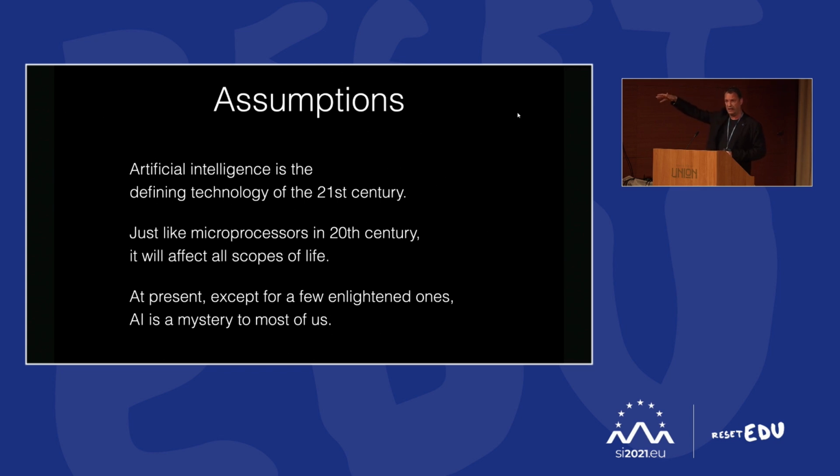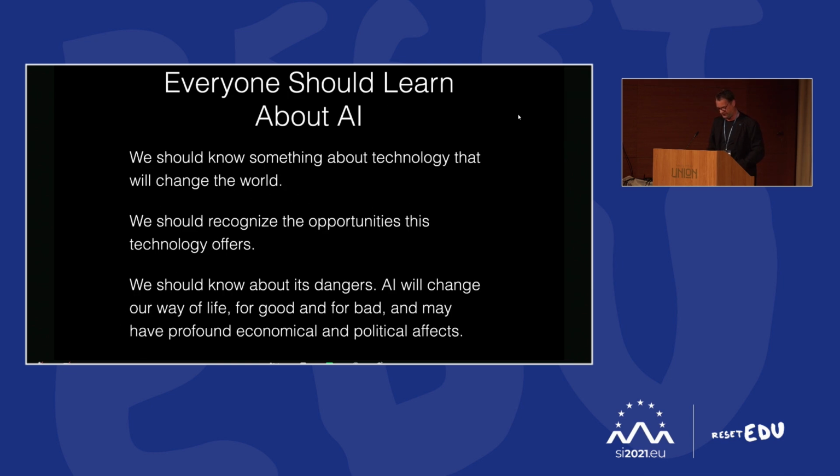You go out in Ljubljana, you stop people on the streets, you ask them what AI is. I don't think anybody will give you a really concise answer. And if you ask them what the units of neural networks are, they wouldn't know. And if you ask them how machines learn, what machine learning is, they would be completely blank. Okay, so these are the assumptions, and my claim here is that this is not okay, right?